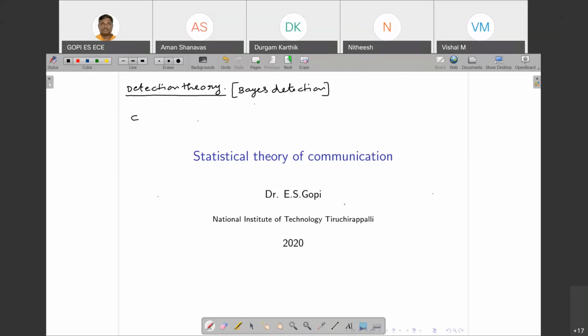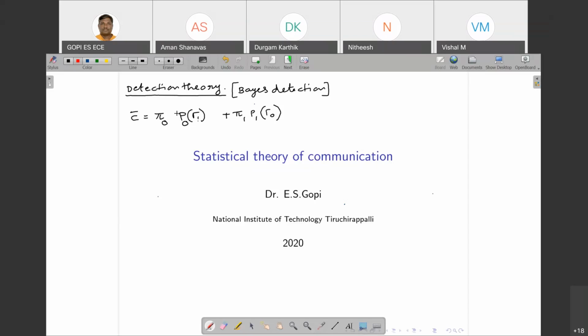C bar is the Bayes cost here, right? That is given as this prior probability pi naught, multiplied by the probability of error when 0 is transmitted but your y lies in the region gamma 1, plus we have pi 1, and then gamma naught here.